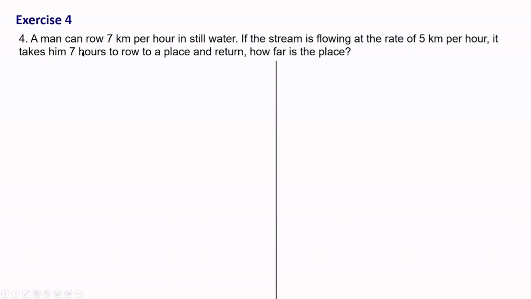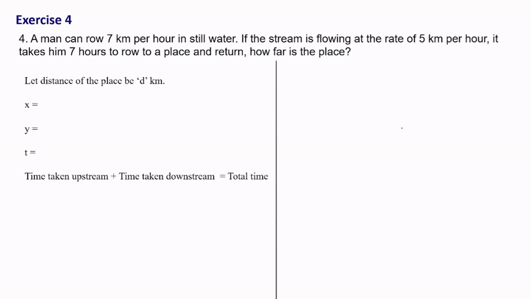Next question, a man can row 7 km per hour in still water. If the stream is flowing at the rate of 5 km per hour, it takes him 7 hours to row to a place and return. How far is the place? So here we have to find the distance of the place. So here let the distance of the place be d kilometer.